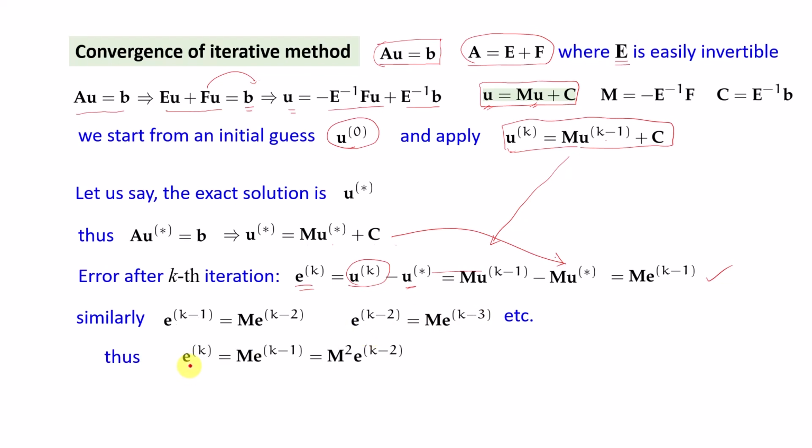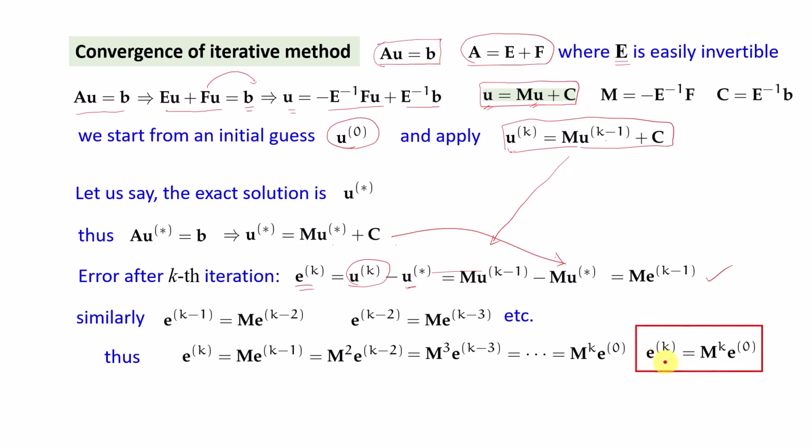Therefore, I can write Ek is M Ek minus 1, and Ek minus 1 is M Ek minus 2, so M squared Ek minus 2, which is equal to M to the power 3 Ek minus 3, etc., up to M to the power k E0. E0 was our initial error. So now we have established a relation: Ek equals M to the power k E0, where E0 is our initial error.